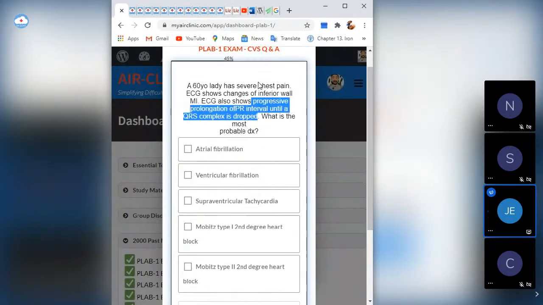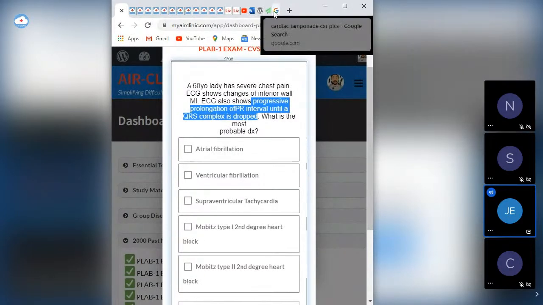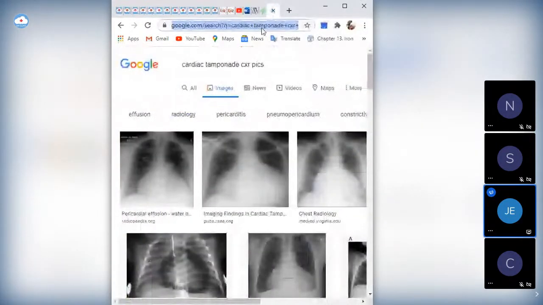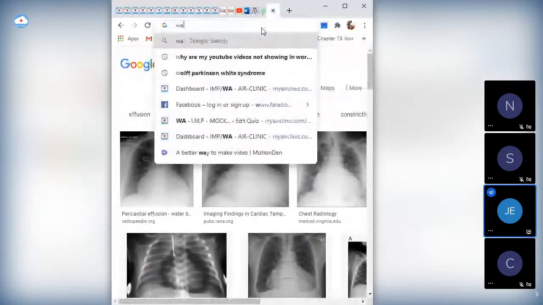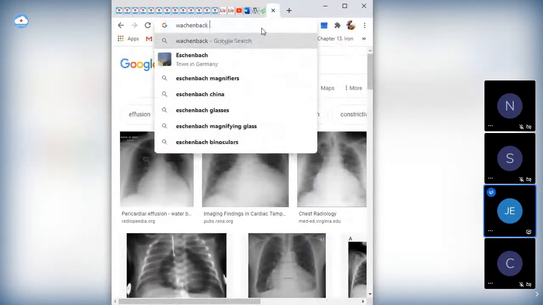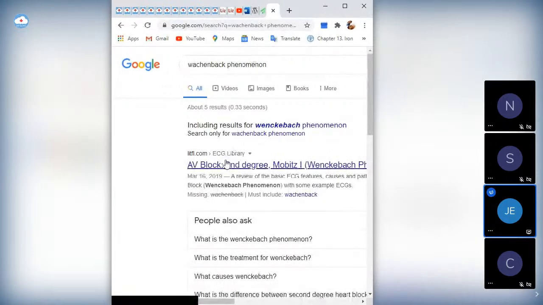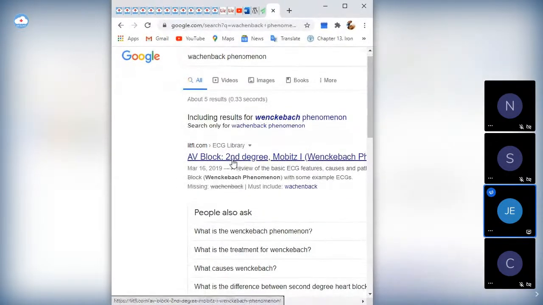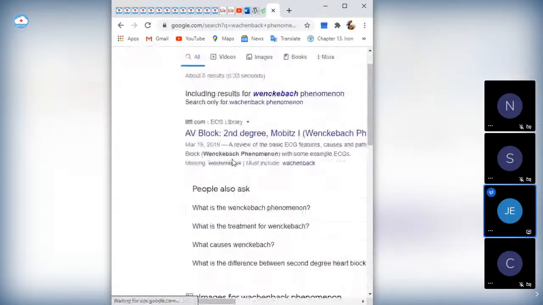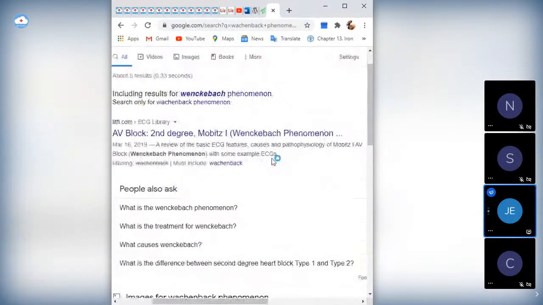There's a phenomenon it's named after. Wenckebach phenomenon.